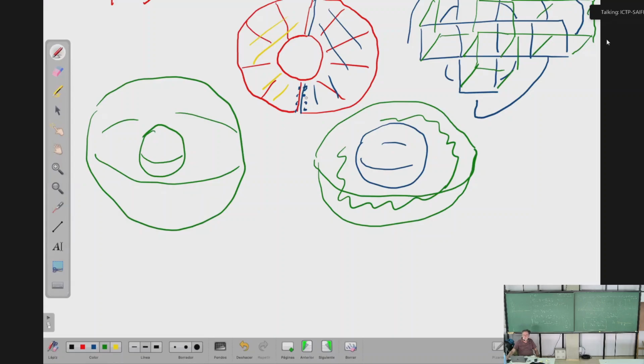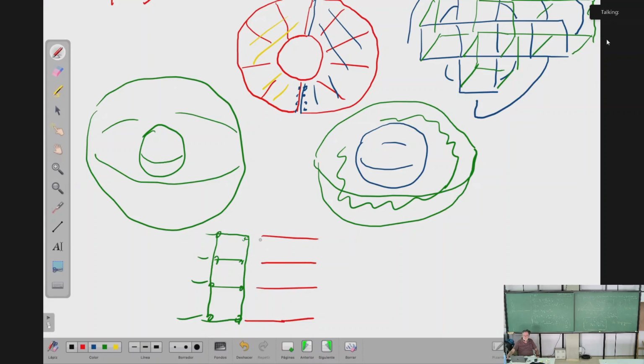So there is a boundary, so at this point what you have is one grid here with these points, and continue here, and on the other side you have another grid, and you have these points.